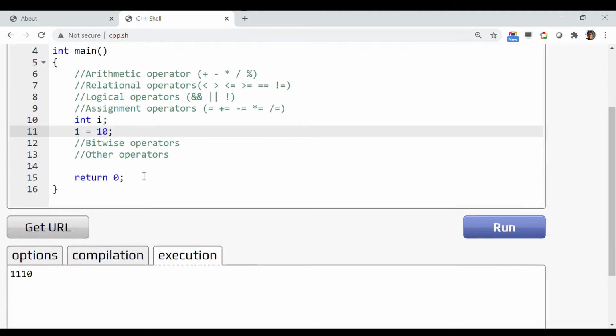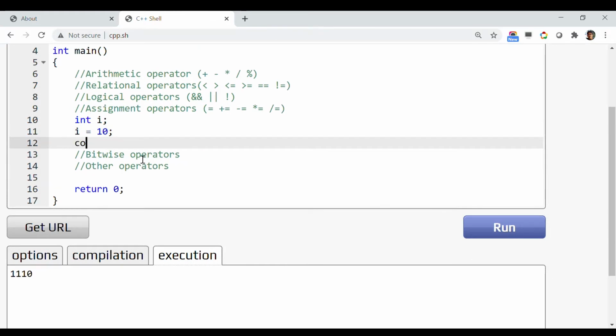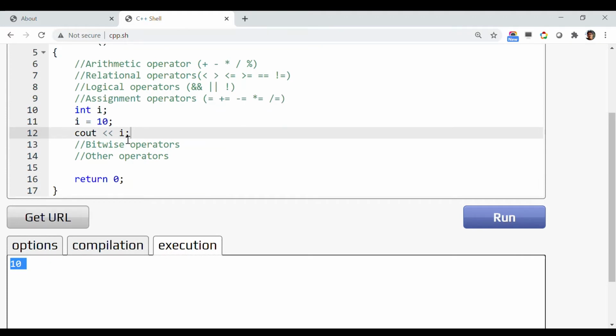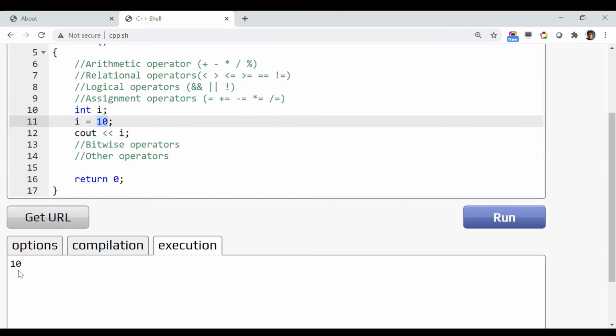And once this is done, if you print out the value of I using cout like this, then it will print, sorry, I forgot the semicolon over here. That's why it is throwing me an error that it is expecting a semicolon. So if I run it, as you can see, it is printing the value of I as 10.